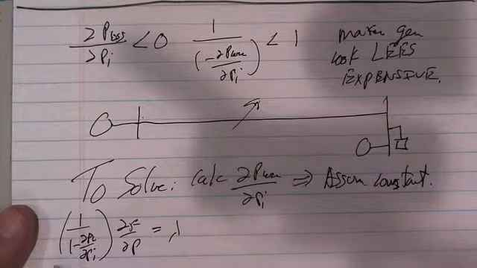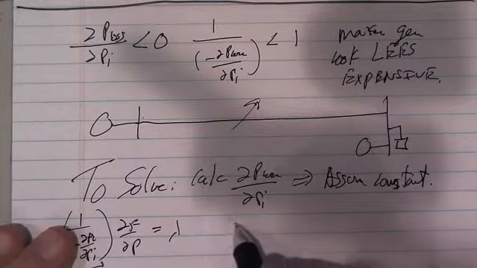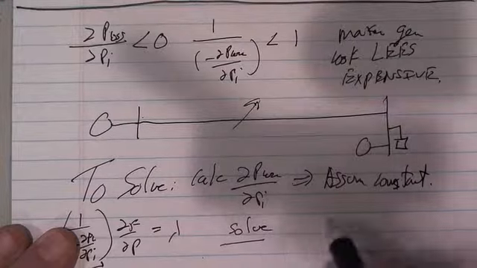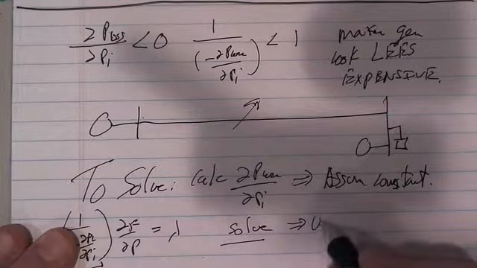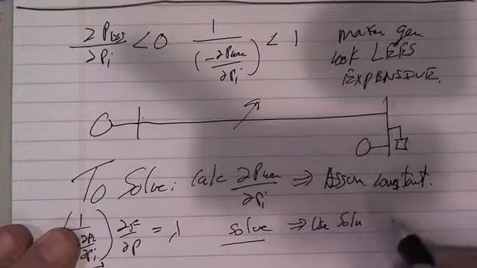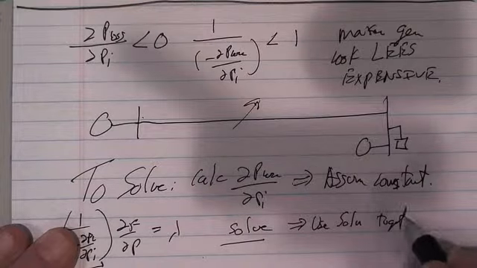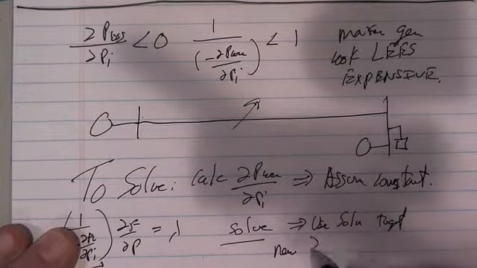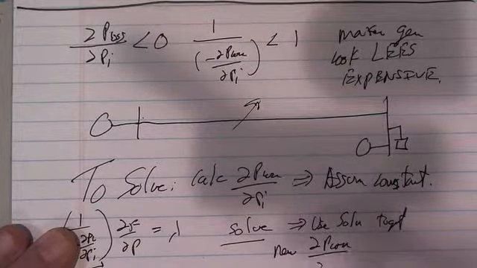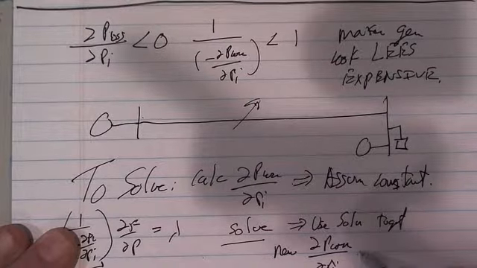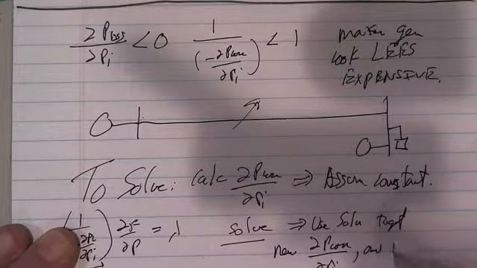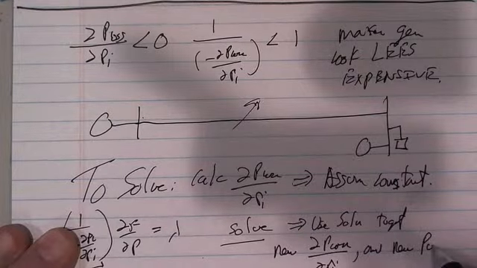And again, this is now a constant, and you solve. And then you go back and you use the solution to get new dP loss, dPi for all the generators, and new P loss itself.